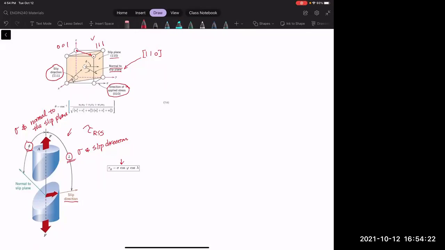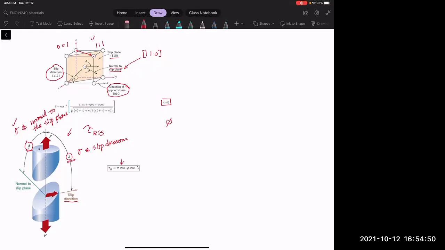You need to get all these directions in order to find the angle. Once you have all these directions, you can find the angle by the 7.9 equation. Let me show you how to use this. Let's say you want to find the angle of phi.